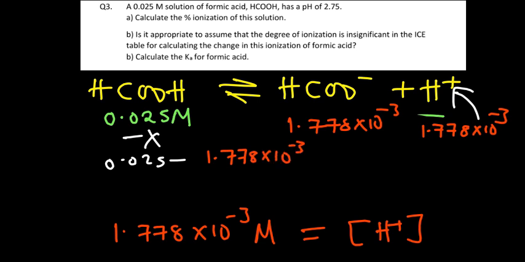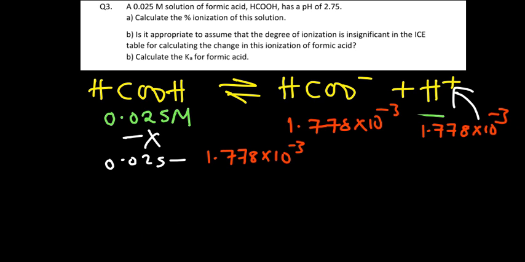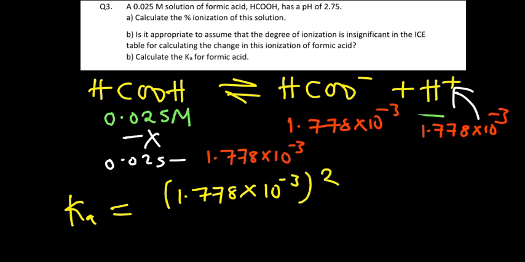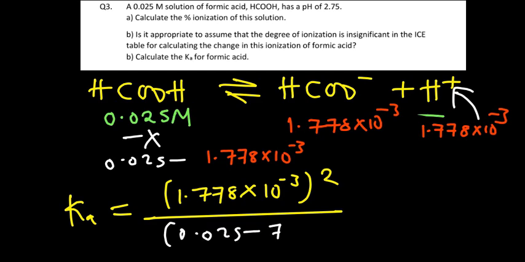So our Ka expression is going to be the products, which will be 1.778 times 10 to the power negative 3 coming twice, so squared, over our reactant 0.025 minus 1.778 times 10 to the power negative 3. This is what we are trying to divide to find the value of Ka.